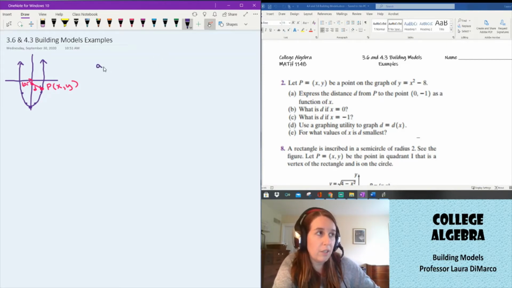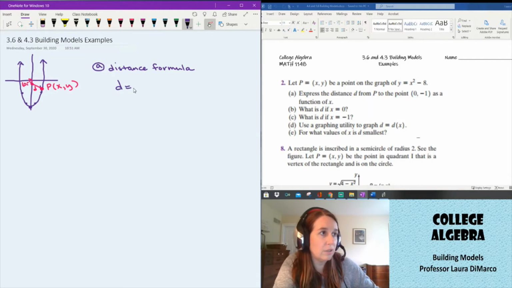All right, so in A, we're supposed to find the distance between the 2 points. And the one point is 0, comma, -1, a legitimate point, and the other point is a variable, x comma y. So the first thing we're going to need is, since we need the distance, we need the distance formula. So let's review that.